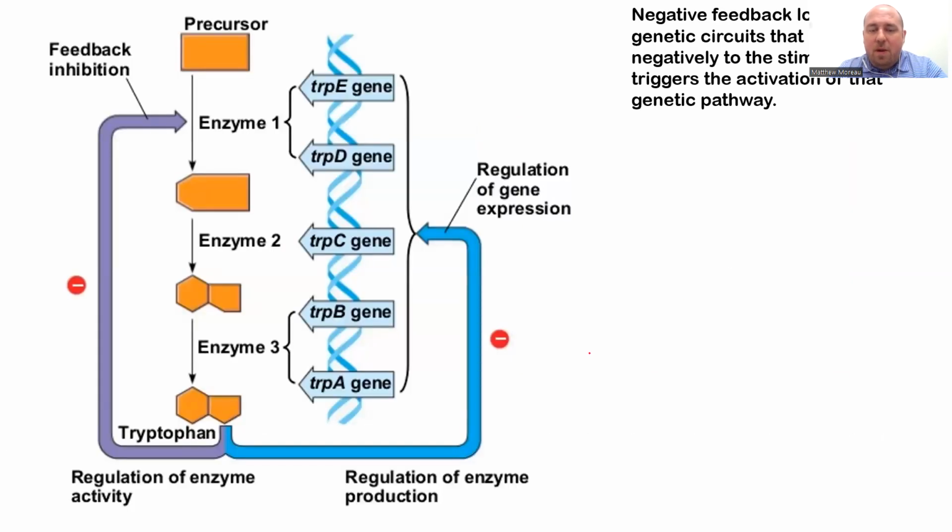So one of the very well studied and characterized pathways of this is the biosynthetic pathway of tryptophan. We talked about this very briefly when we talked about regulation as it relates to physiology. So again, we're just going to go a little bit more in depth here. Tryptophan is a biosynthetically created amino acid. It's an aromatic amino acid.